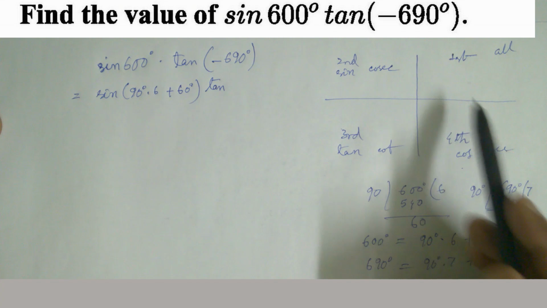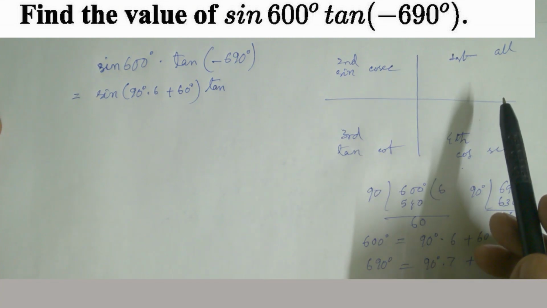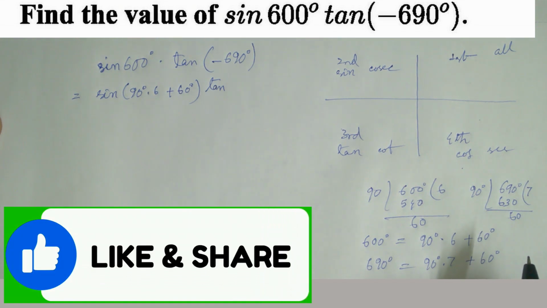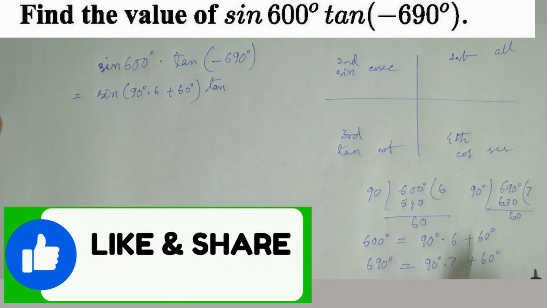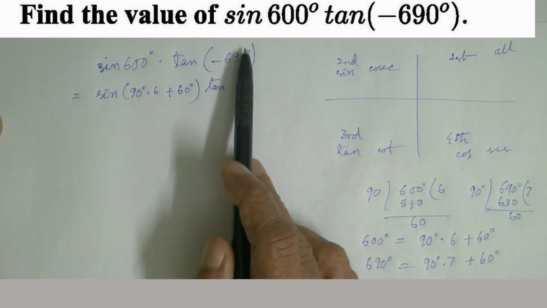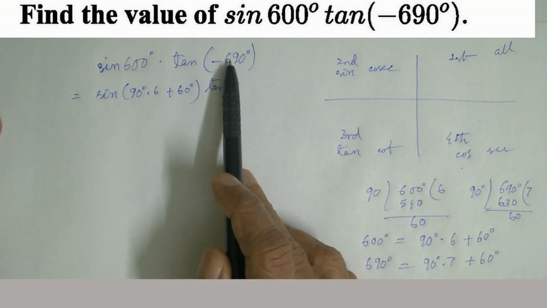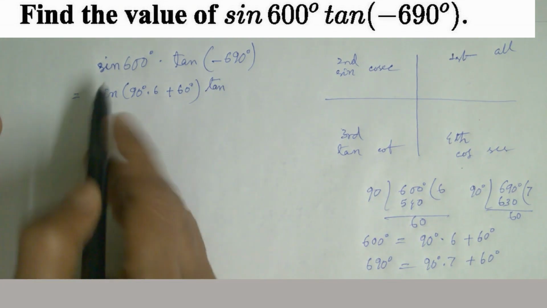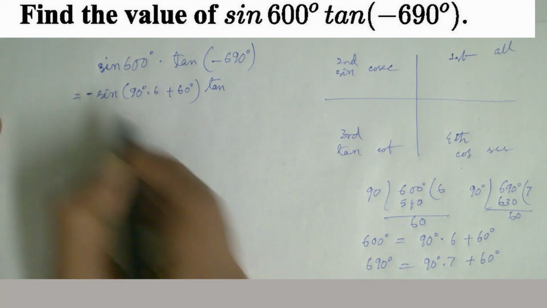Actually it may not fall in the fourth quadrant, it may be any other quadrant, but whenever we use the formula, theta is always assumed to be an acute angle. So here minus 690, we assume 690 as an acute angle, so this minus will be taken out here.